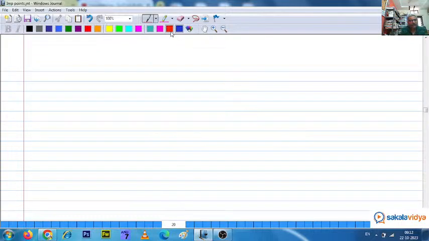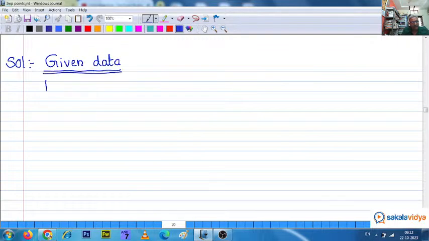Write down stepwise, very important. Solution. First write down the given data. What is the given data? Modulus of P bar is equal to 10 newtons. Modulus of Q bar, that is the second force, is 20 newtons.